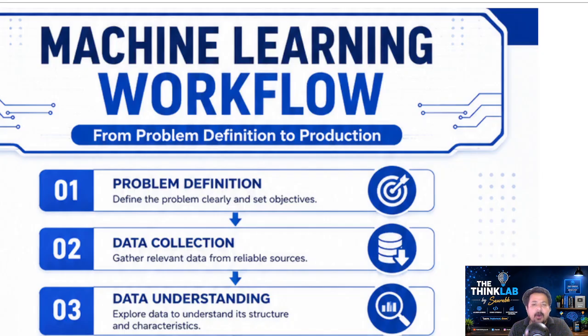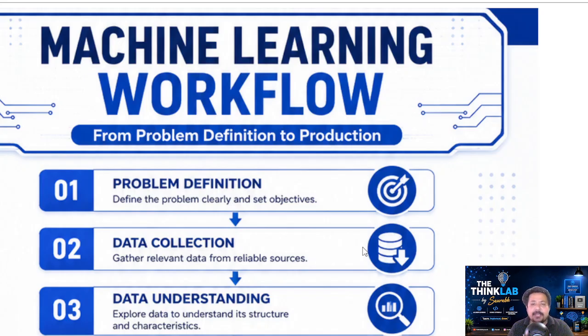Now the question is, how do we separate the business problem from the ML problem? I want to introduce one of the most important concepts. A business problem and a machine learning problem are not always exactly the same. The business problem might be that we want to improve our real estate price prediction process.